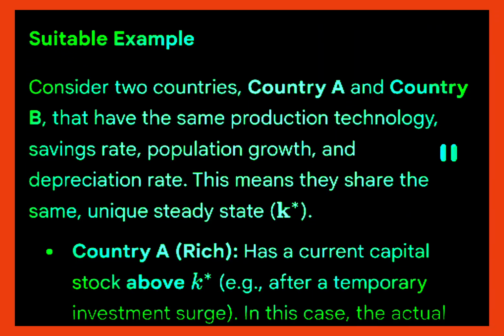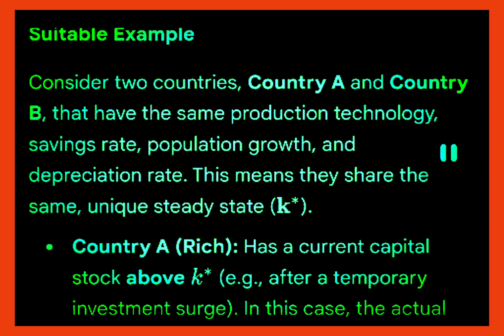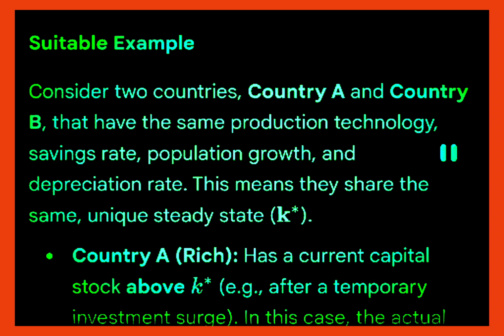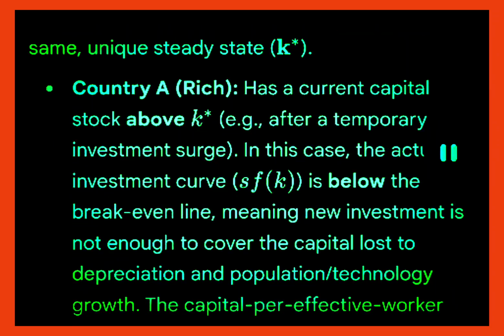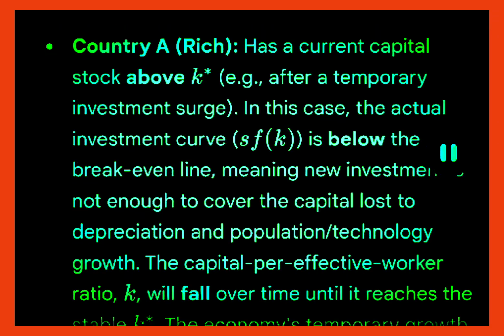Suitable example. Consider two countries, country A and country B, that have the same production technology, savings rate, population growth, and depreciation rate. This means they share the same, unique steady state, k*. Country A, rich, has a current capital stock above k*, e.g., after a temporary investment surge.